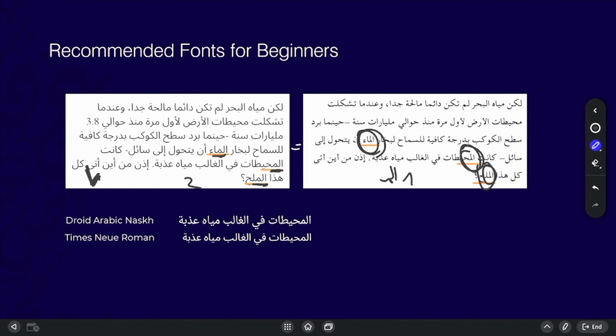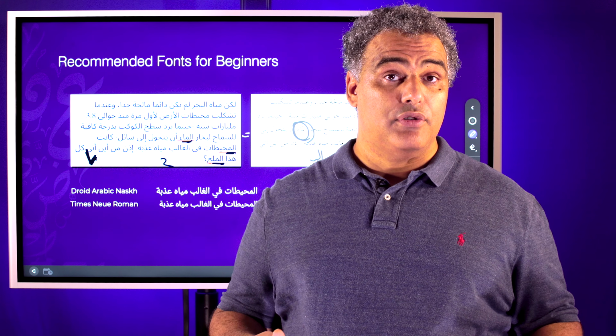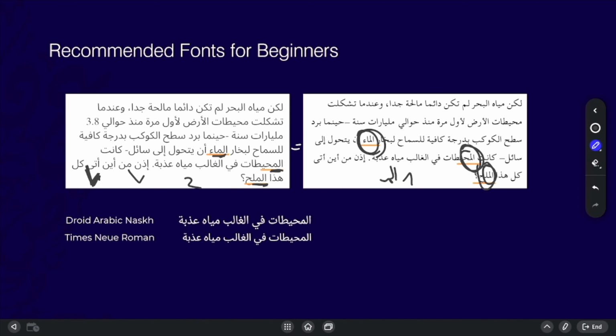Two that I personally use and like are the Droid Arabic Naskh and the Times New Roman, not the regular New Roman. This is the new with EU, Roman. And of course, you can pick all sorts of other fonts. I find that display fonts, the ones used on billboards or on digital media usually, tend to be more like the ones we want. Cursive-centric fonts tend to use ligatures a lot, and therefore you should stay away from those at first. In no time, these will become part of your Arabic language experience.